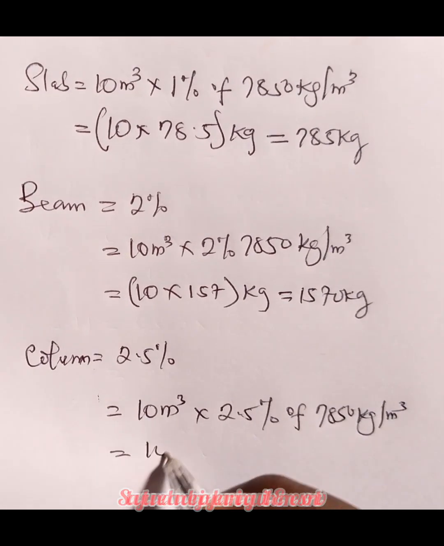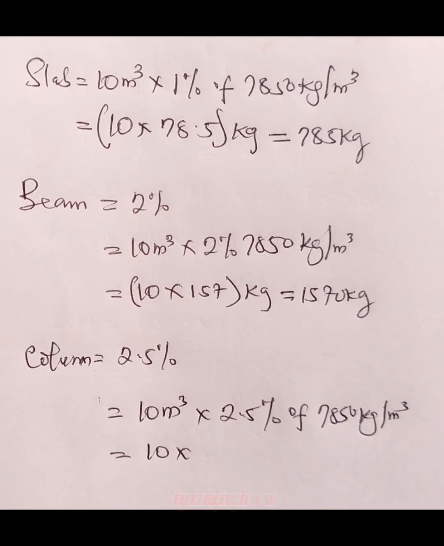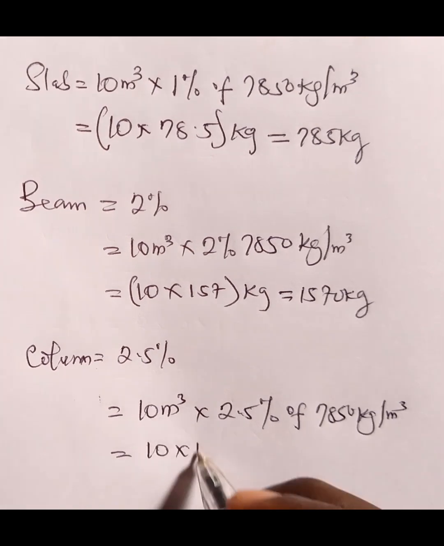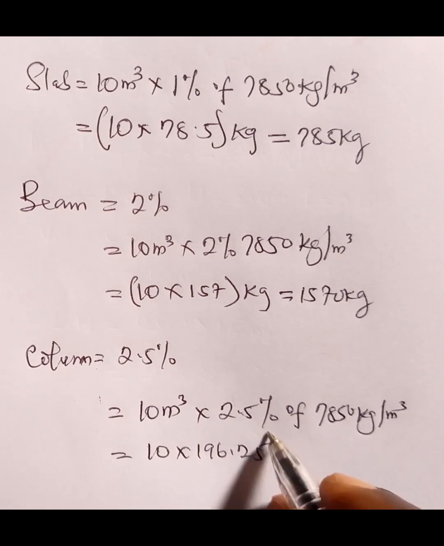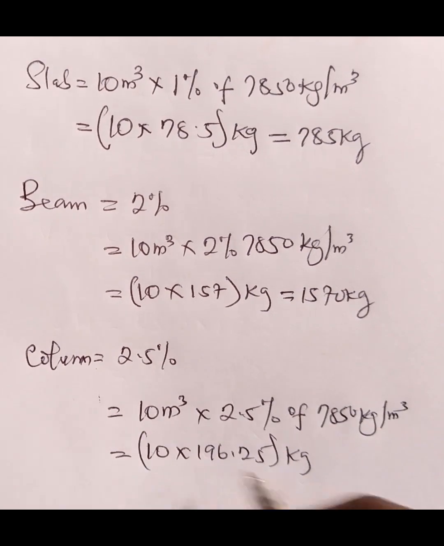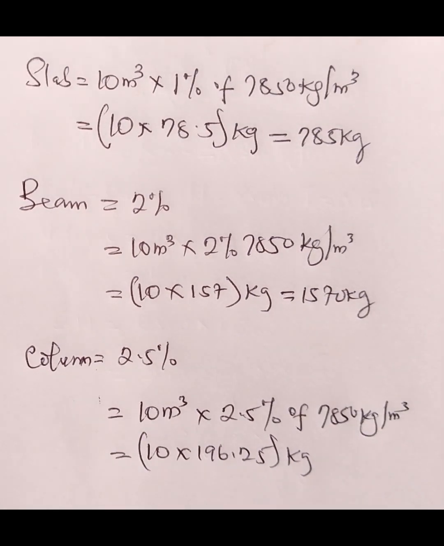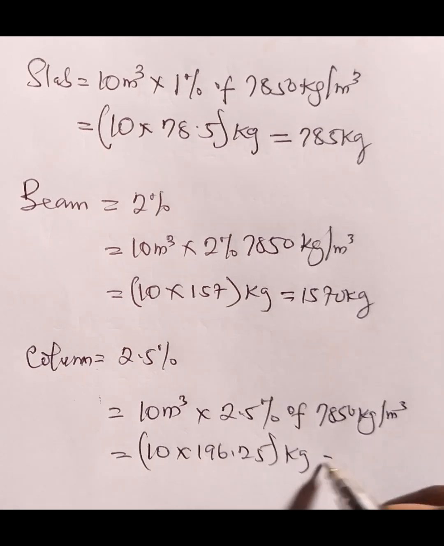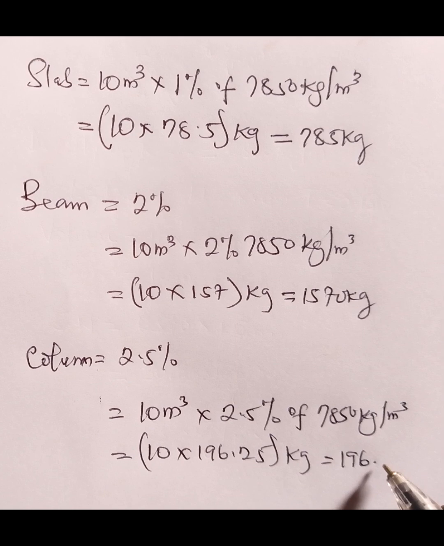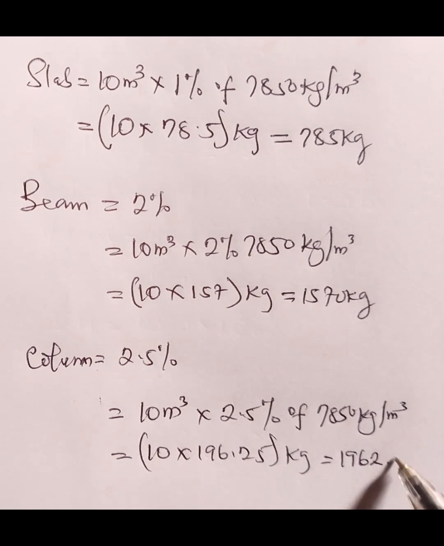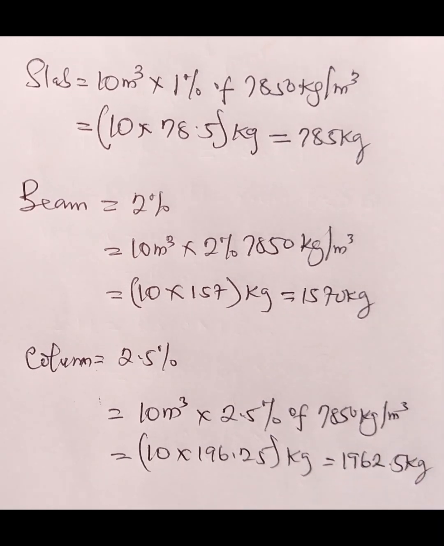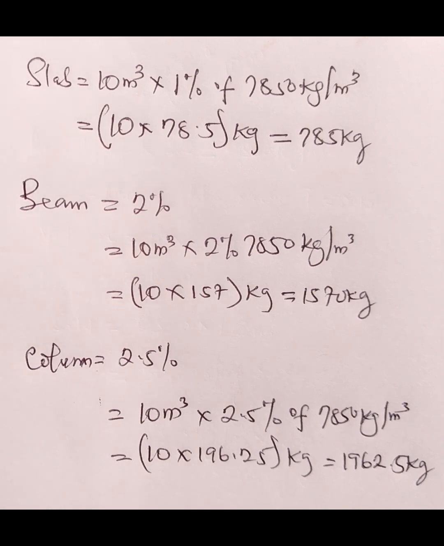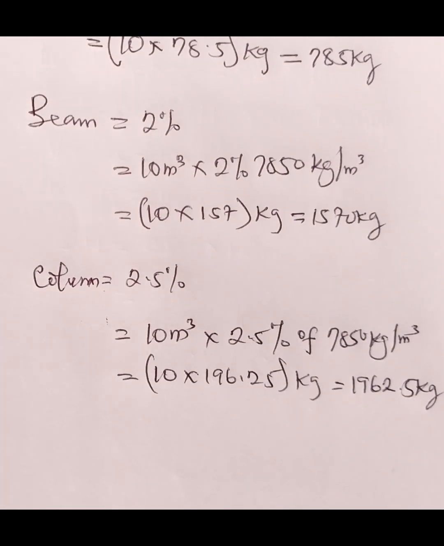So here we have 10 times 2.5% of this will give us what? 196.25 or in kg. So this multiplied by this, we have 1962.5 kilogram. So the next one is our footing.